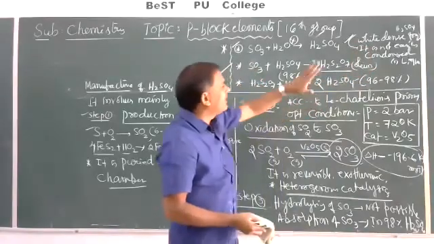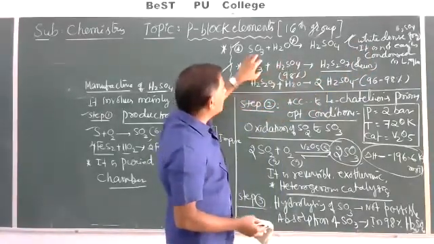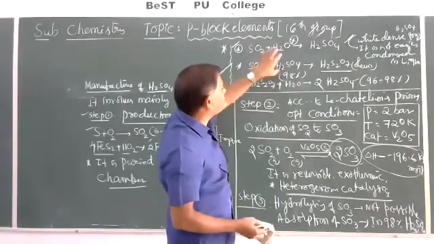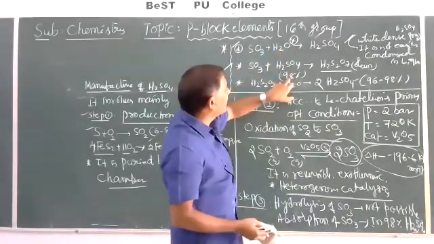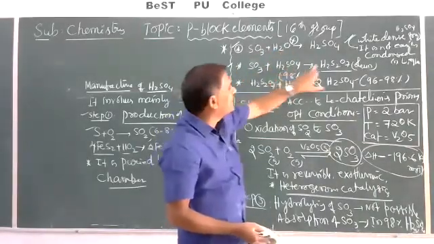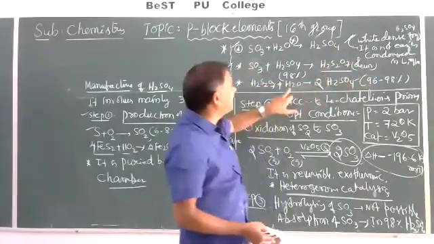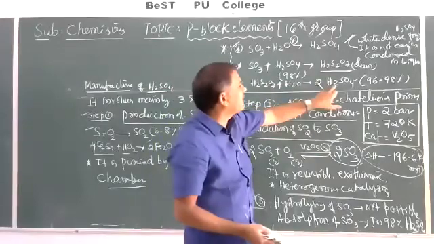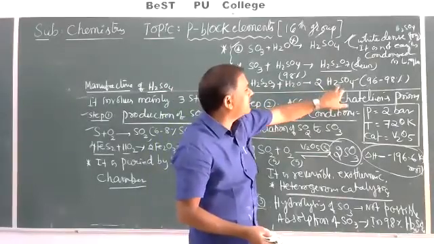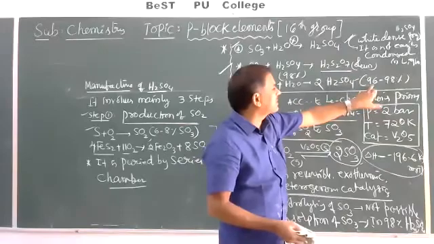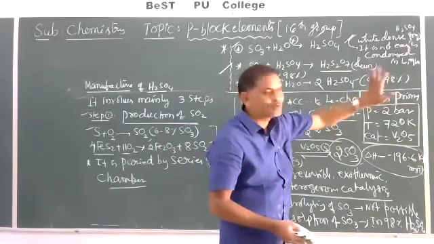That's why industrially the obtained sulfur trioxide is reacted with already prepared 98% sulfuric acid. It gives the corresponding oleum, fuming sulfuric acid, that is again diluted with water, and you will get the corresponding sulfuric acid of high concentration, 96 to 98%.